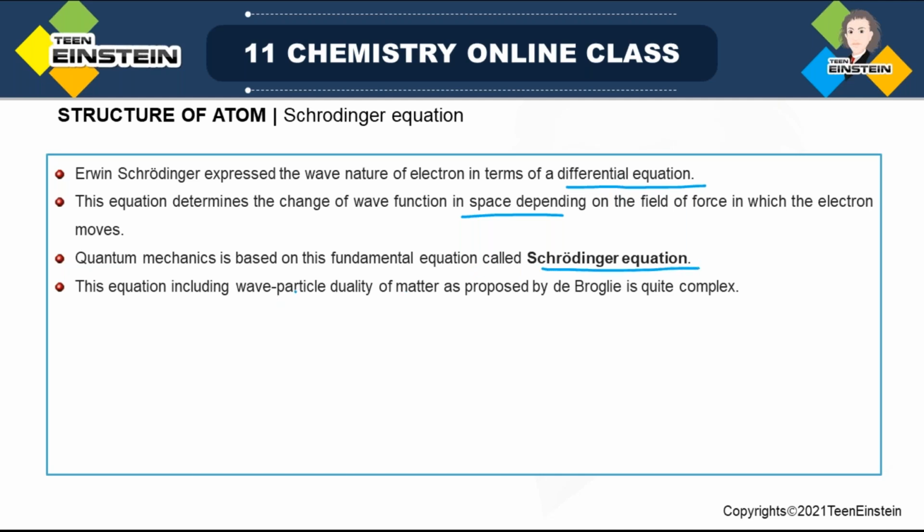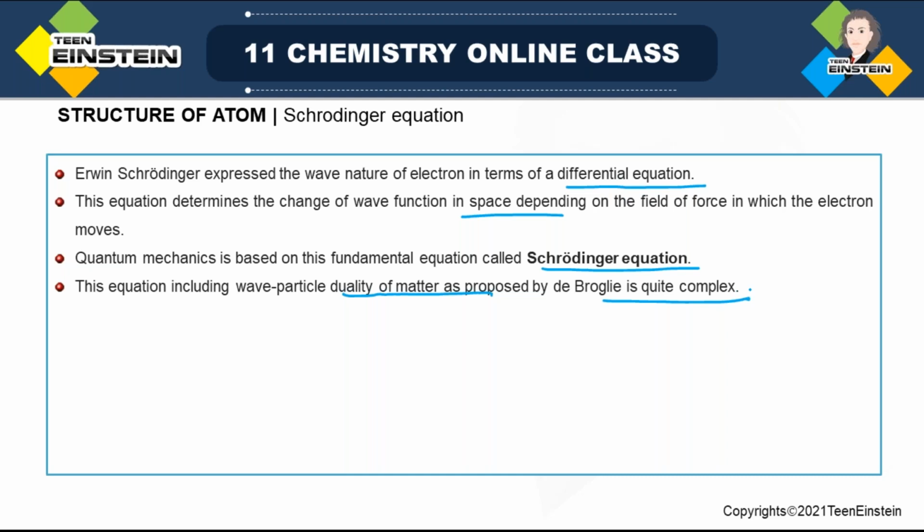This equation includes wave-particle duality of matter also, as proposed by de Broglie. But remember, this equation is quite complex. We will just see the equation here, even you don't have to remember it. And how we solve this equation, that is really very high class mathematics. Supercomputers are required for that. So we are not going to the detailed calculation of it.